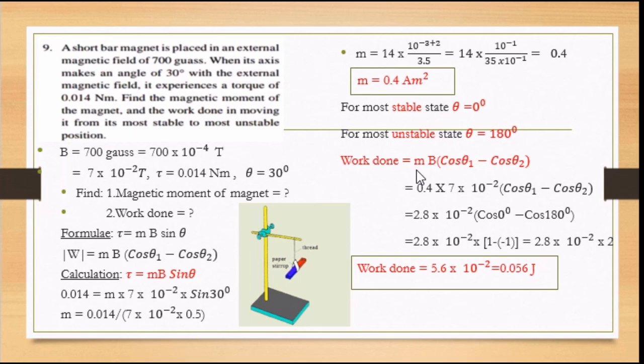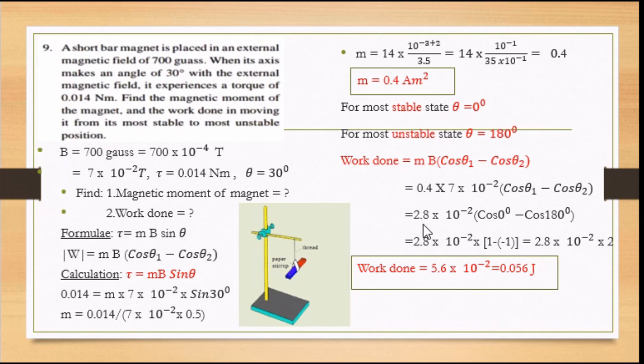Here the value of m we just found, which is 0.4. B is 7 into 10 raised to power minus 2. Cos theta 1 is for 0 degree and minus cos theta 2 is for 180 degree. Then 0.4 into 7 is 2.8 into 10 raised to power minus 2, and cos 0 is equal to 1, and cos 180 is minus 1.